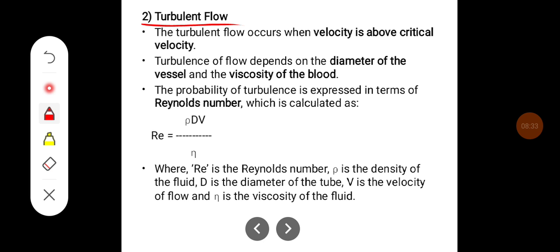Turbulent flow. The turbulent flow occurs when velocity is above critical velocity. The turbulence of flow depends on the diameter of the vessel and the viscosity of the blood.